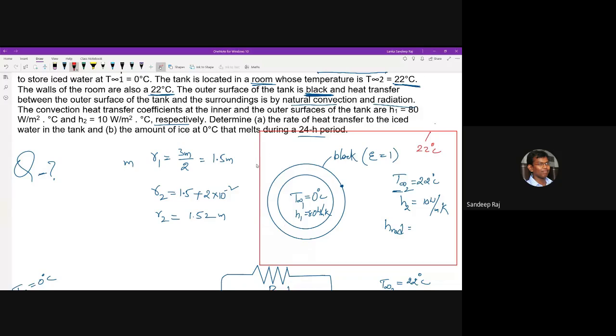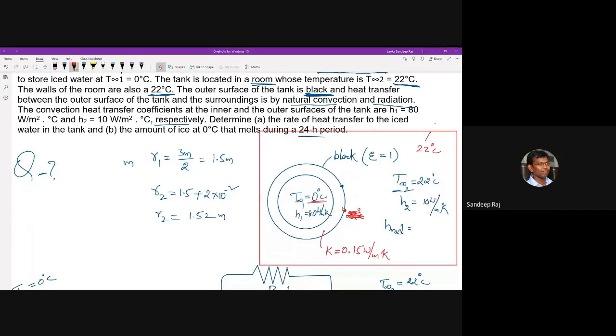See here, if this particular value is at 0 degrees centigrade and the K value of this one is 0.15 watt per meter Kelvin, this cannot be 22 degrees centigrade. So you cannot take it as 22 degrees centigrade, and this value should be between 0 and 22.